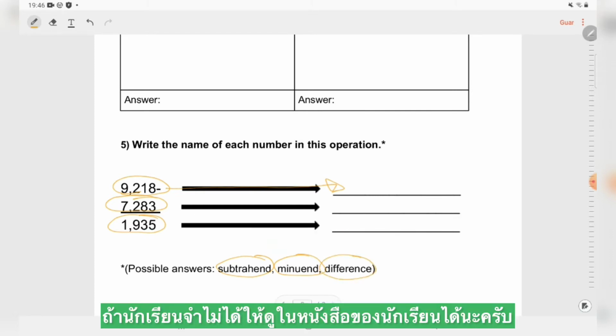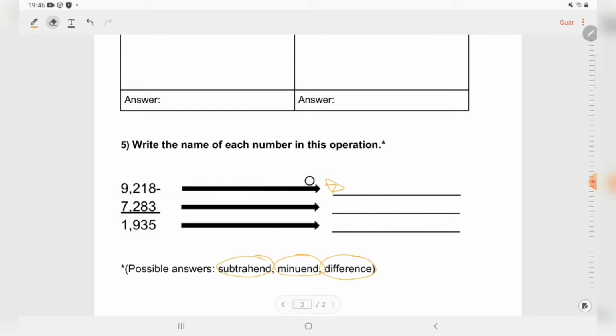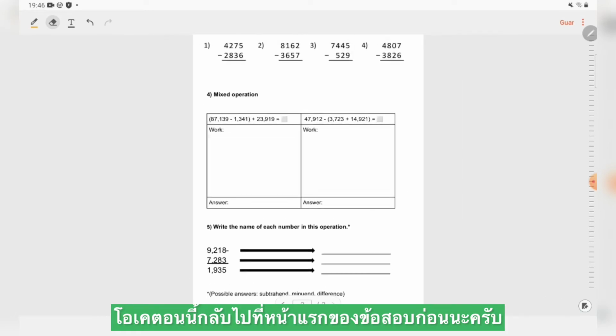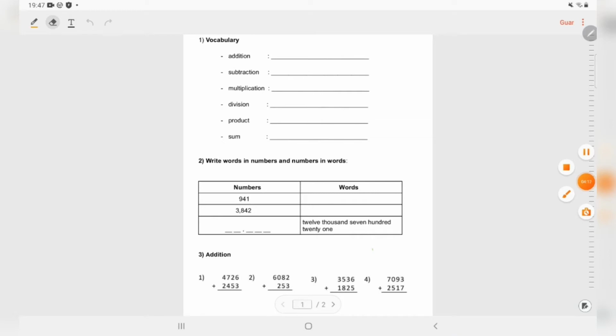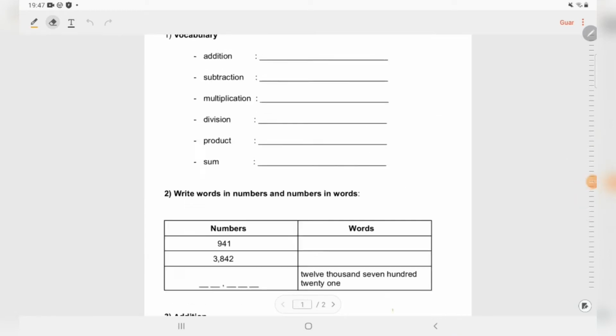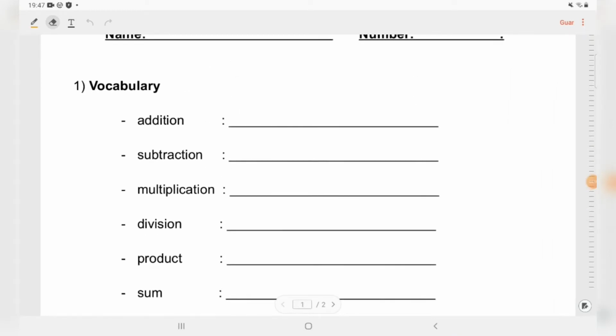If you don't remember, you can take a look in your book, and after I'll give you some tips. But now let's go back to the first sheet and let's talk about all the exercises in detail. First of all, in exercise number 1, we have vocabulary.